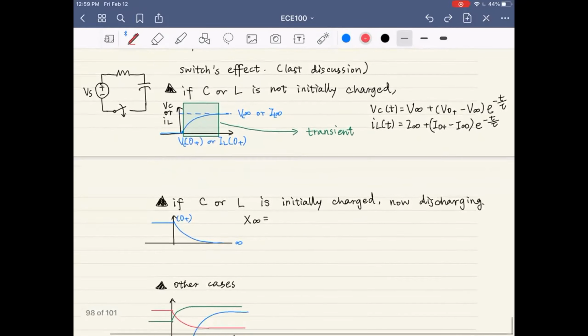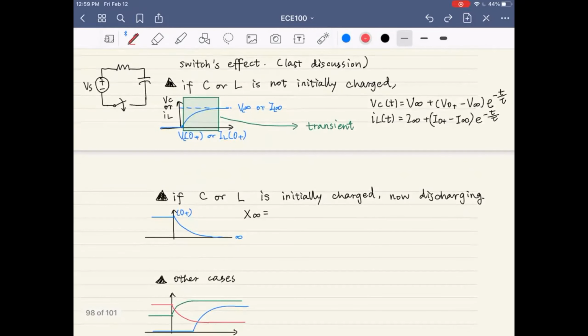And here I provide several shortcuts. It is discussed in the lecture also, but I want to emphasize it. Usually there are several cases. The first case is if C or L is not initially charged, so we know the initial value is 0.